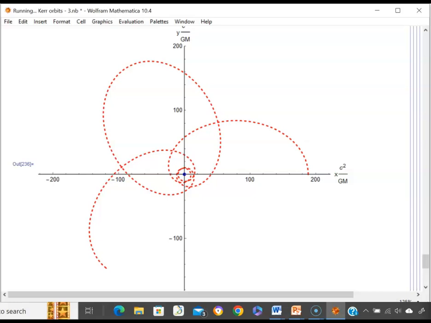We're just waiting now. Third orbit to come. It is just a matter of patience.